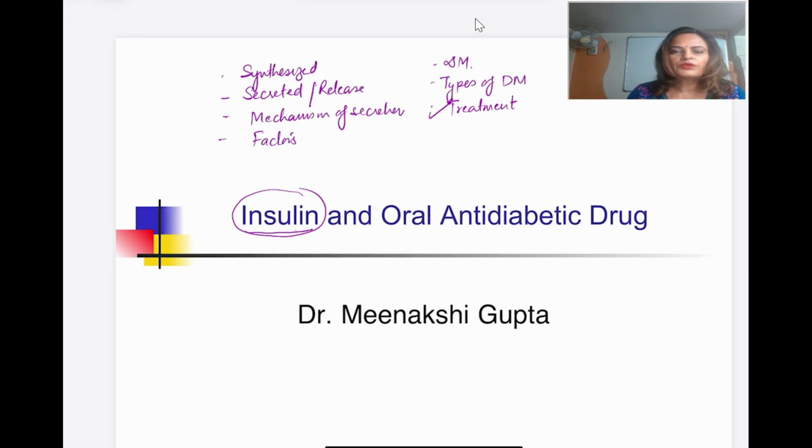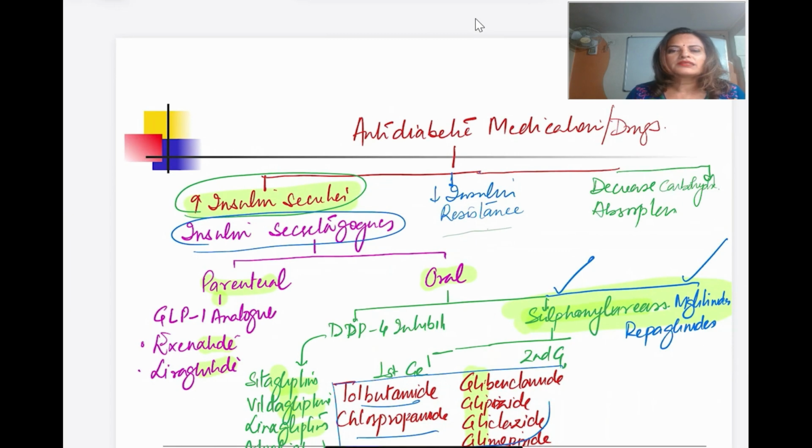So how are we going to treat diabetes mellitus? Anti-diabetic medication or drugs. What are the various drugs? How can we classify anti-diabetic drugs? We classify depending on their mechanism of action. The first one, the drugs which act by increasing the level of insulin.